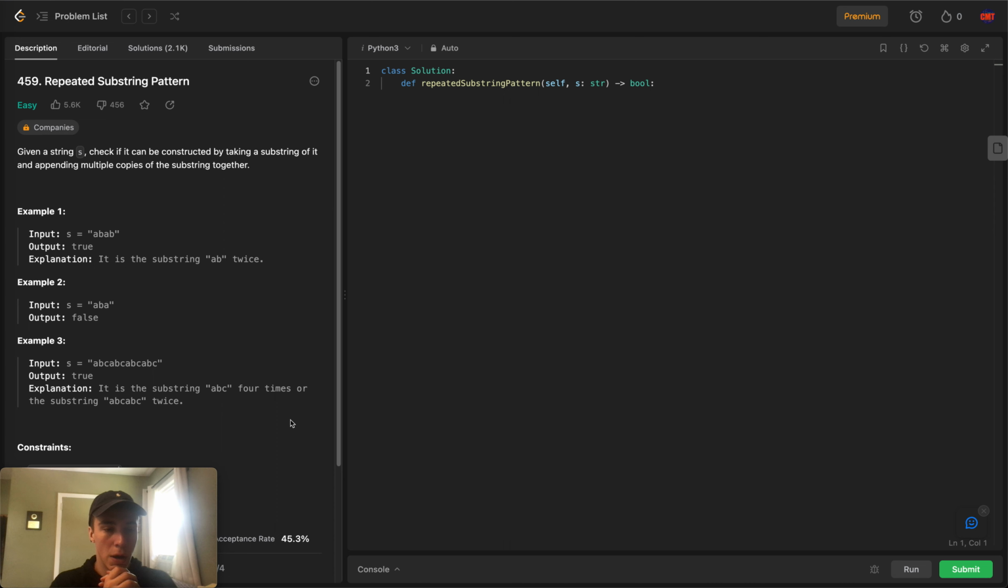So, probably the most intuitive way for me to do this, and the solution that I would gravitate towards most, would be iterating over the input string and trying to construct this substring value.